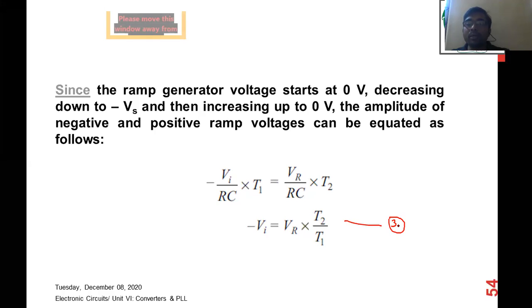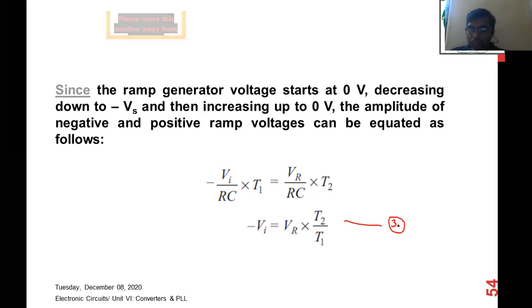From the above equation, it is clear that the unknown analog input voltage is proportional to the time period T2, because Vr is a known reference voltage and T1 is the predetermined time period.